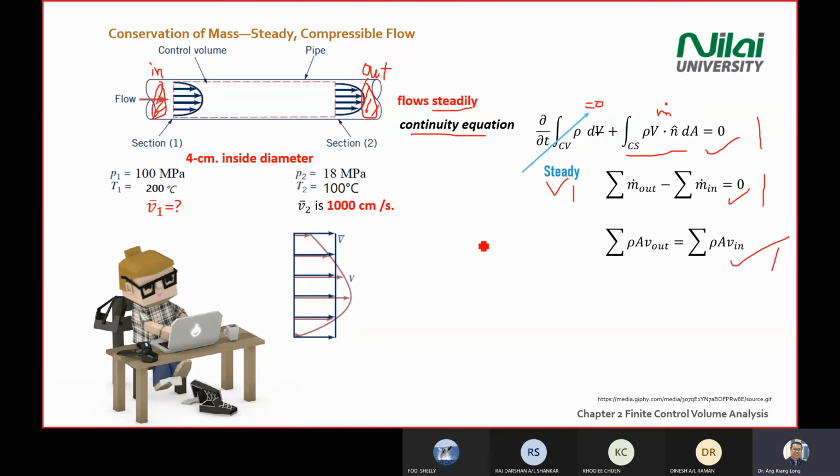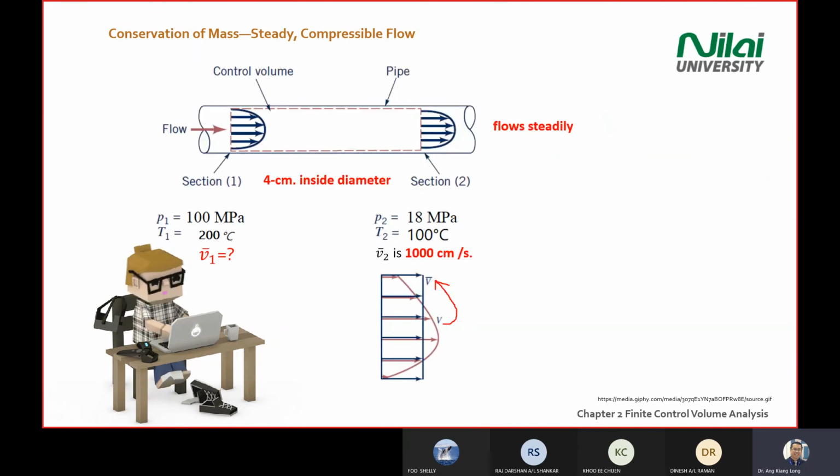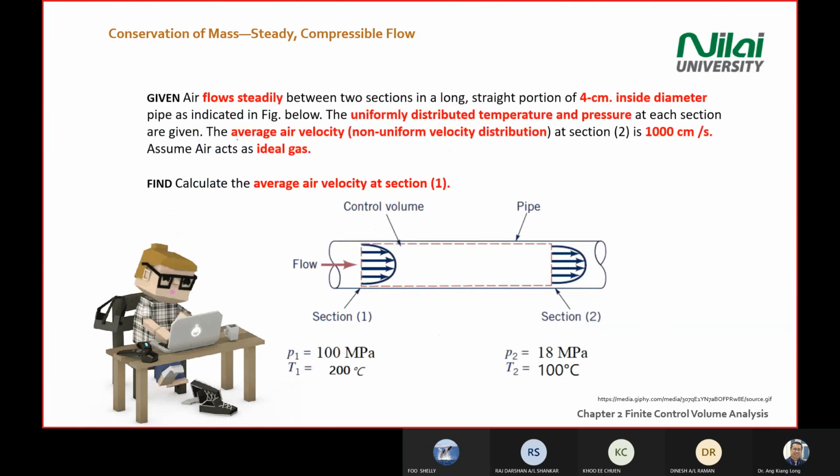The rest, okay, be careful, because let's see whether you can cancel the density or not. You need to read back the question. If the question mentions incompressible, then you can cancel the density. In this case, it does not mention that it is incompressible. And also the temperature is different.